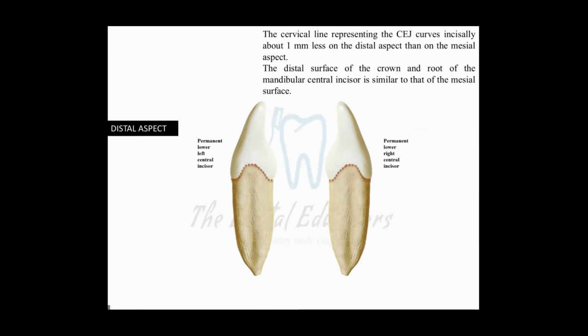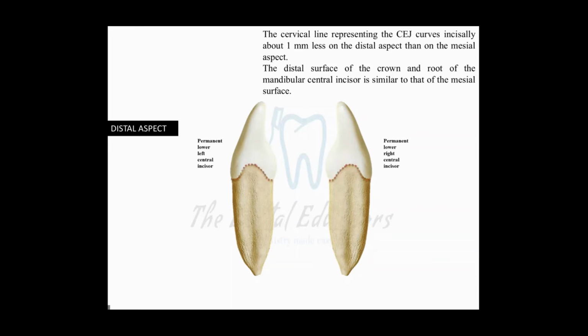Now when you see the cervical line on the distal aspect, it curves in the same way as it was curving for the mesial aspect. Why do we say so? Because the cervical line curvature is still curving incisally, if you could appreciate here. It's curving incisally towards the incisal ridge area, both for the left and the right mandibular central incisor.